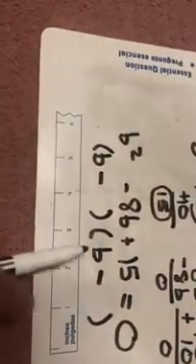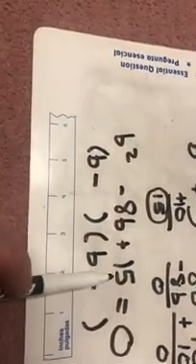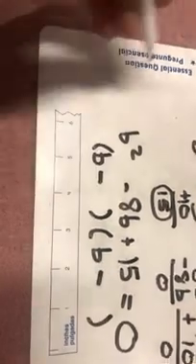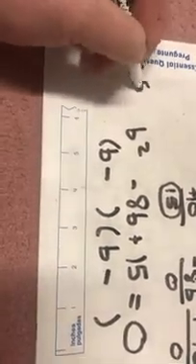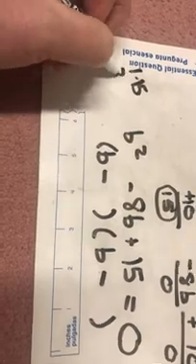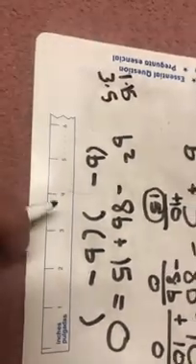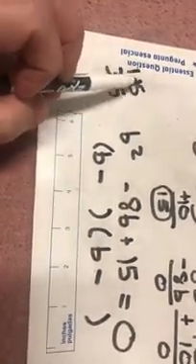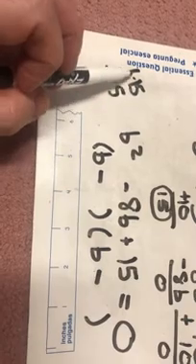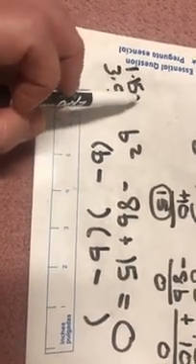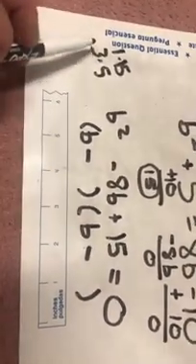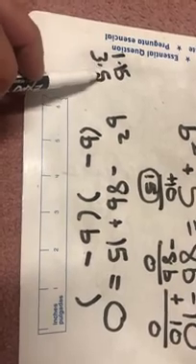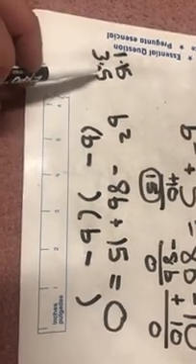Now I've got to think, what numbers multiplied together equal 15? Well, I could do 1 times 15. I could do 3 times 5. And I've got to think, how can those be added together to get negative 8? Well, if I have negative 1 plus negative 15, because I know they're both going to be negative, that's going to give me negative 16. But when I do negative 3 plus negative 5, that's going to equal negative 8.